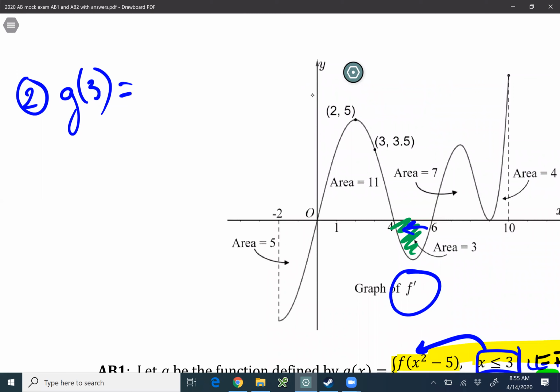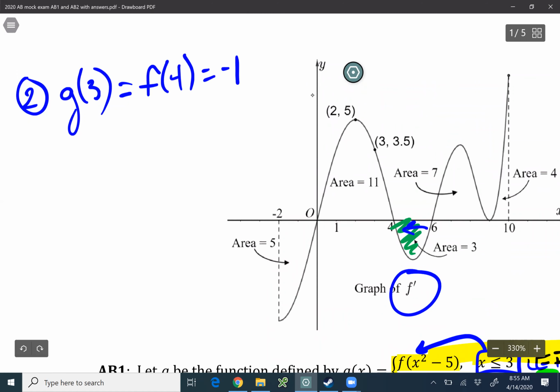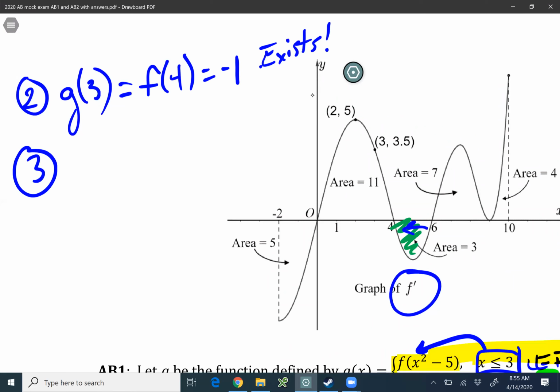So when we plugged in 3, it was f of 4, and we solved for that and we got -1. And so then the third step is that those are equal to each other. So we can even say like, exists, right? Because the 3 rules are checking that the limit exists, that g exists, and they're equal.